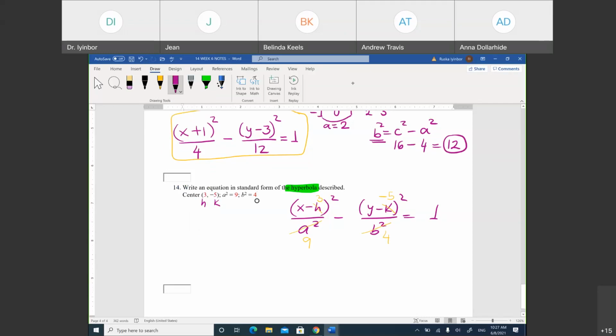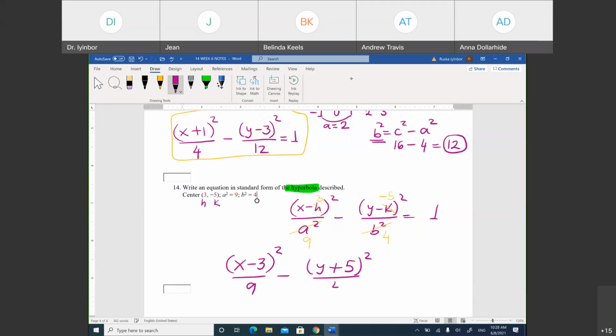You don't need to use another formula to find A and B. You already have it given. So the final answer is going to be (x minus 3) squared over 9 minus (y minus and minus, it's plus 5) squared over 4 equals 1.